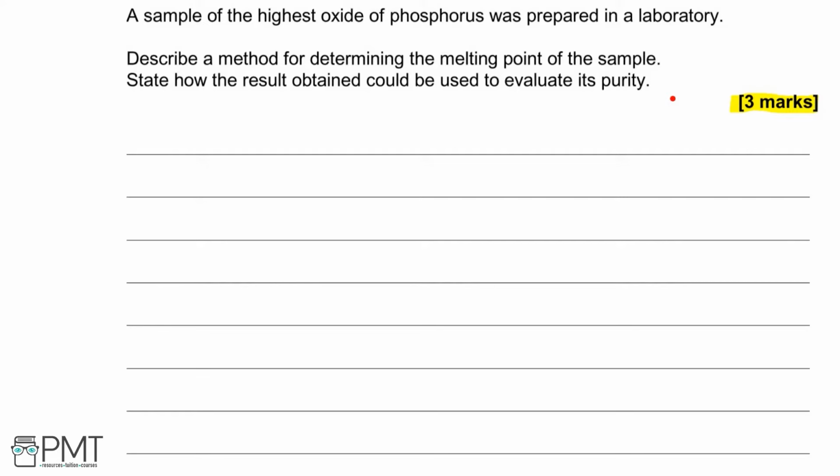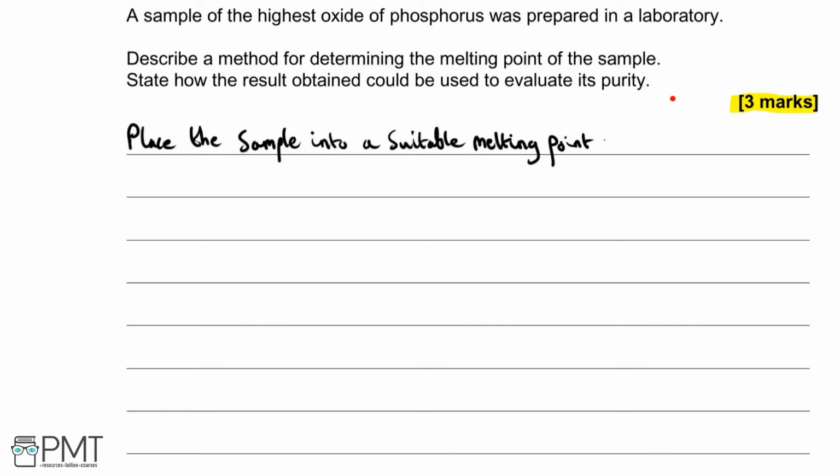So to begin with, the first thing we need to do in order to determine the melting point is to place the sample into a suitable melting point apparatus. Depending on the nature of the sample, it depends exactly which apparatus we want to use.